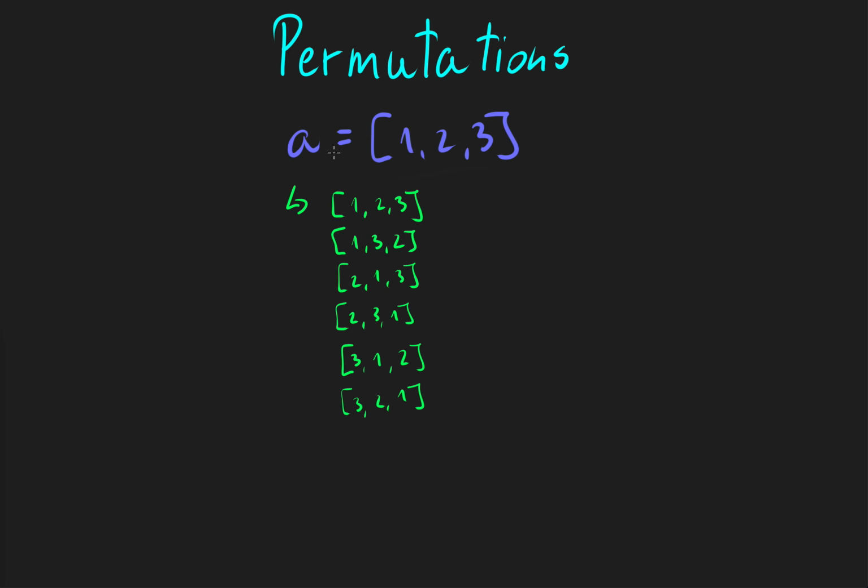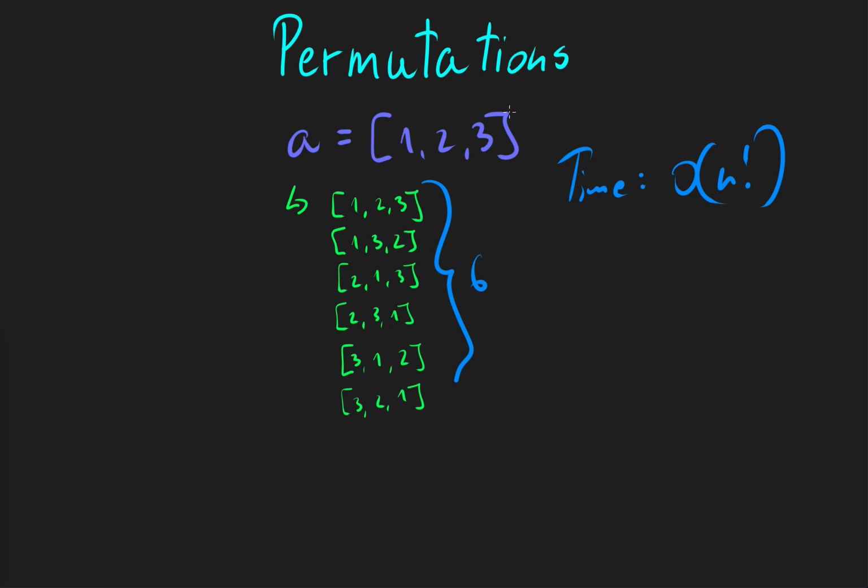So when we do permutations and think about time-space complexity, there's no way around the slow runtime, which for time would be O of n factorial, right? So in this example, we see that for the number 3, we have 6 permutations, because 1 times 2 times 3 is 6.